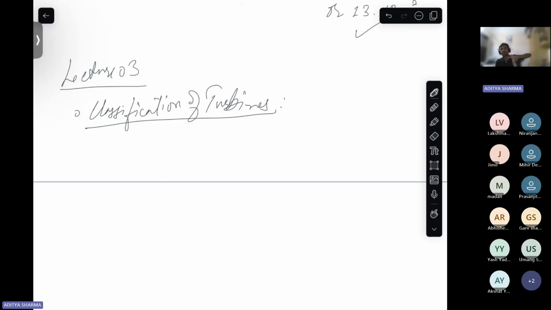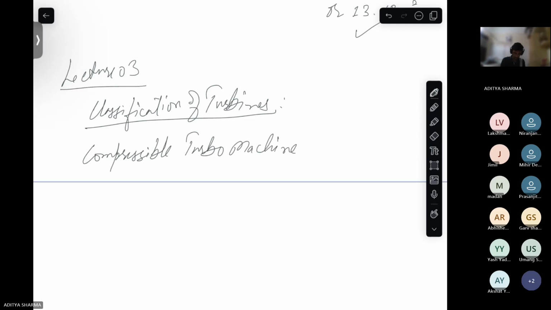Basically, in a hydrokinetic turbine, the kinetic energy is only being converted into work output. We are not taking help of the pressure head. That is one example of an extended turbo machine. Then compressible flow turbines, where compressibility of the working fluid comes into the picture.